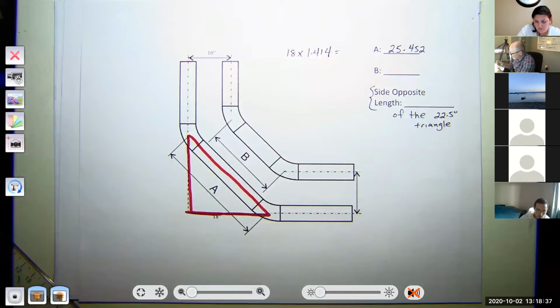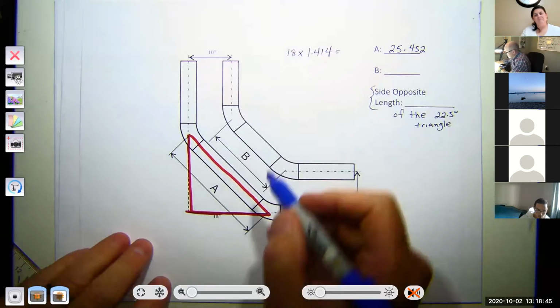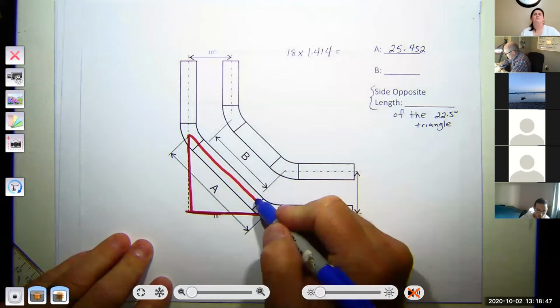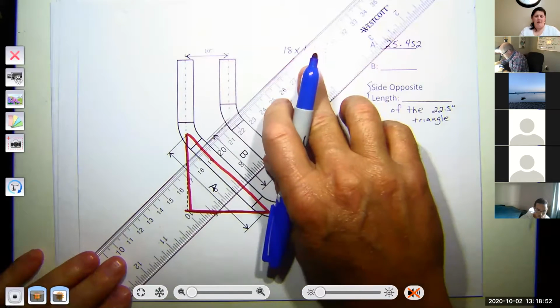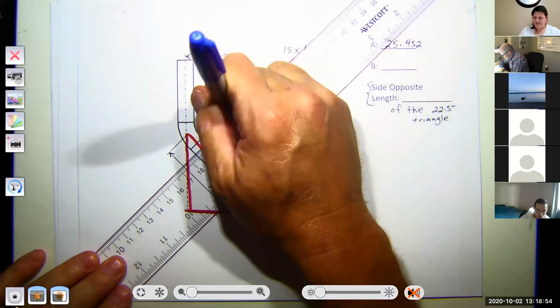Now to solve for B, I need two 22.5-degree right angle triangles. So I'm going to draw one of them. I'm going to draw this line straight off from the middle of this 45.